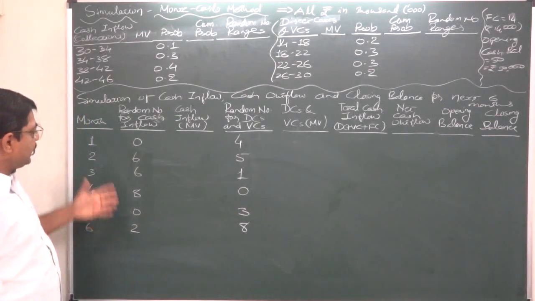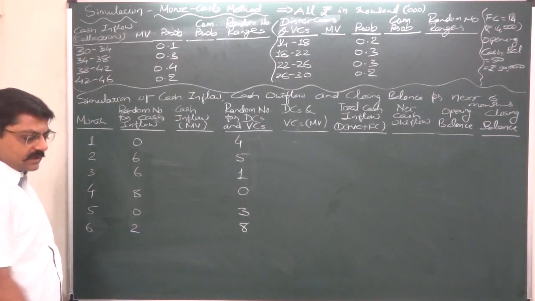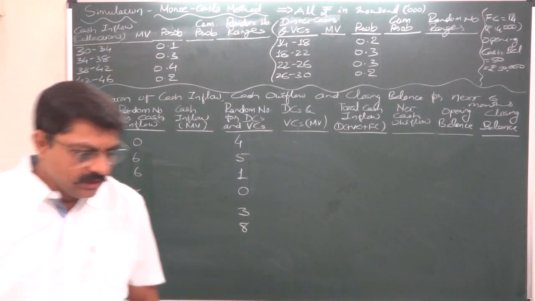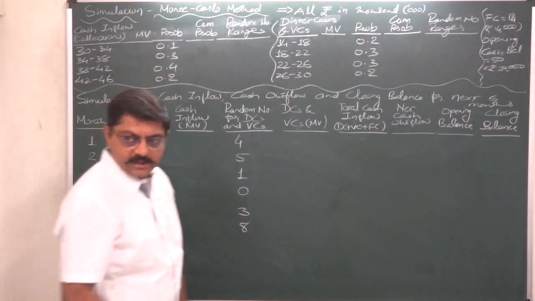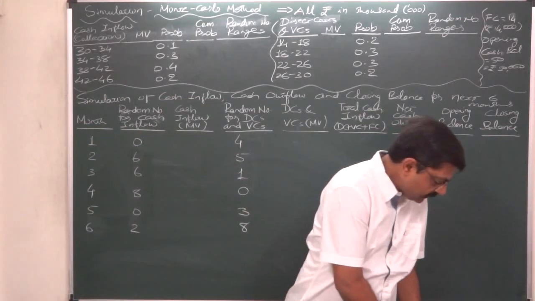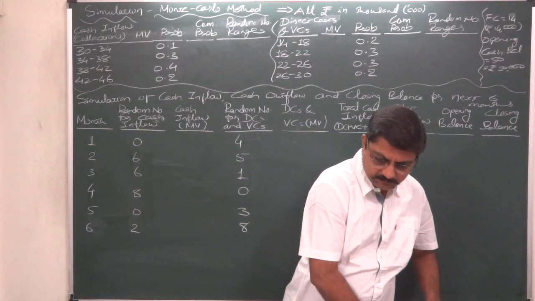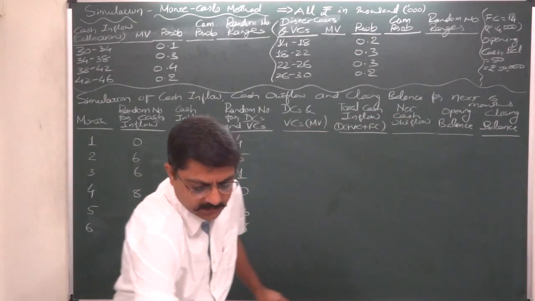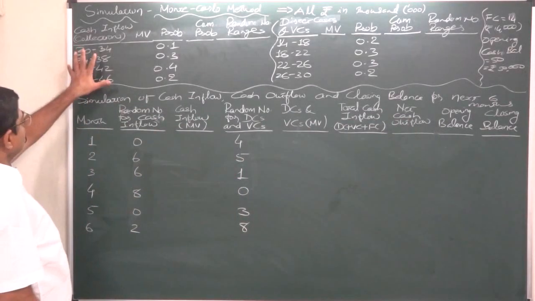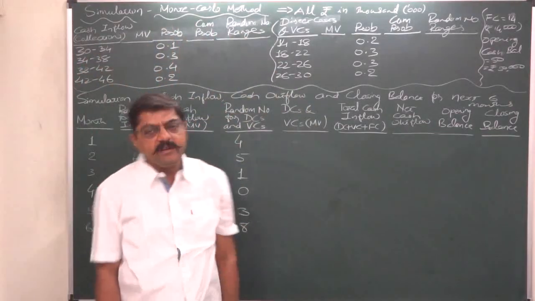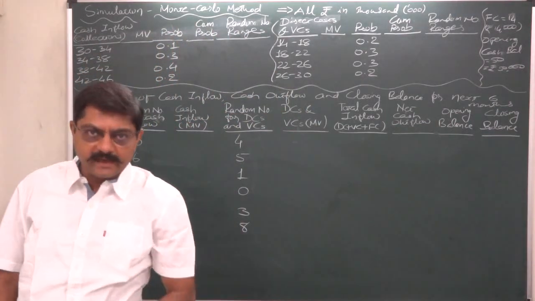Yes, as I stated earlier, the random numbers are in single digits, so at the time of writing cumulative probability we shall take some extra care. Let's first of all prepare the probability distributions. First of all, we have class intervals, and we cannot consider the class intervals directly.